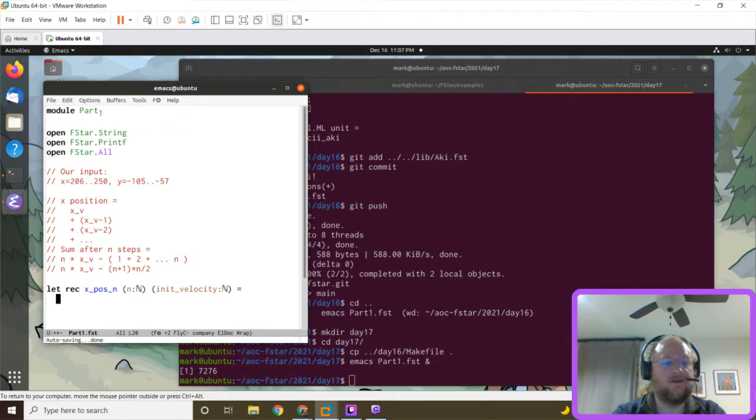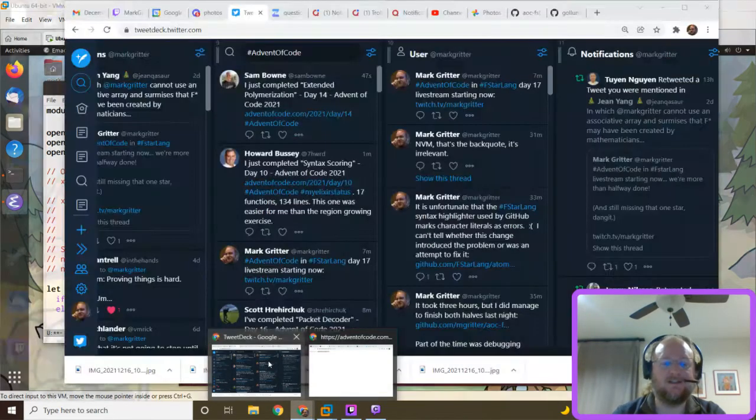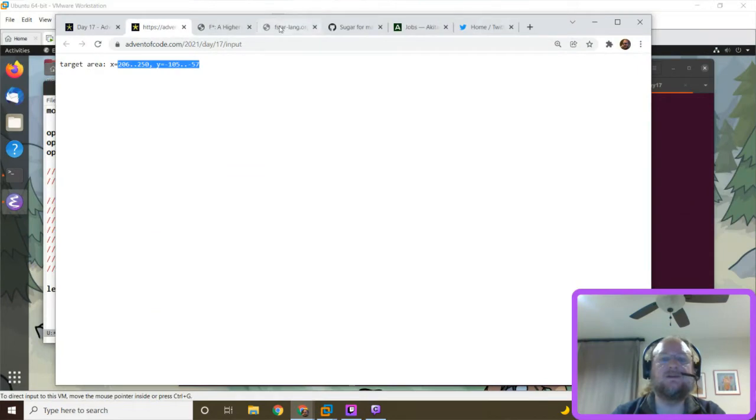Okay. So recursively, if n equals 0, then 0, else it's init velocity plus... so let me just double check that in the description.